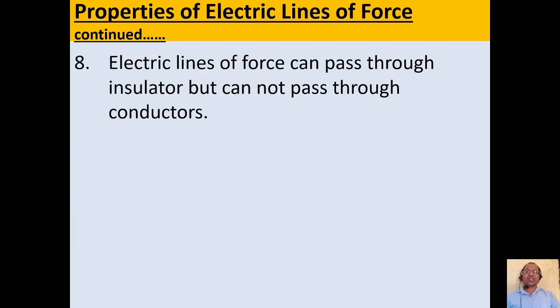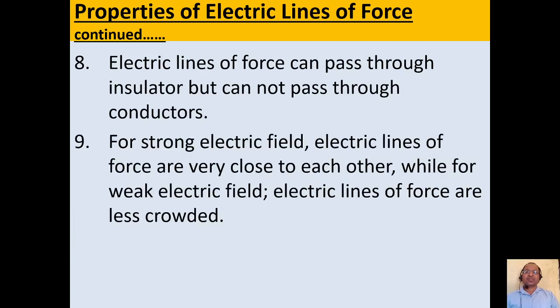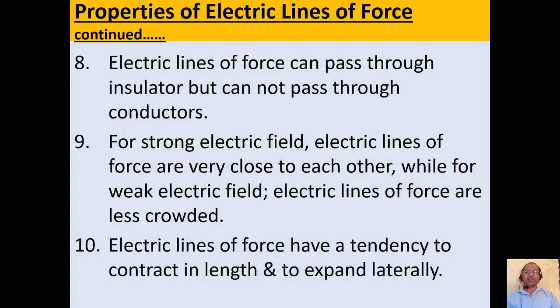Electric lines of force can pass through insulators but cannot pass through conductors. If the electric field is strong, then electric lines of force are very close to each other, that is, they are crowded. But if the electric field is very weak, then electric lines of force are less crowded, or we say that they are separated from each other. Electric lines of force have a tendency to contract in length and expand laterally.